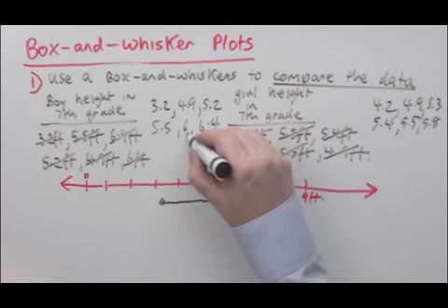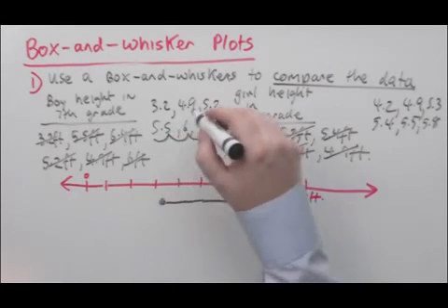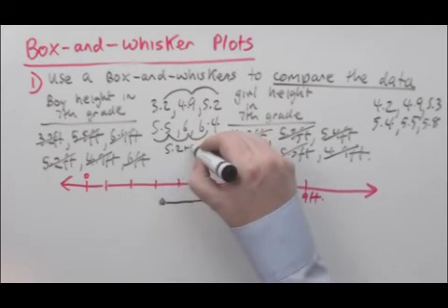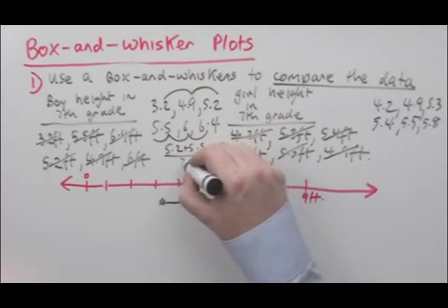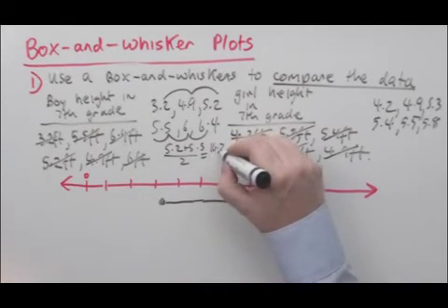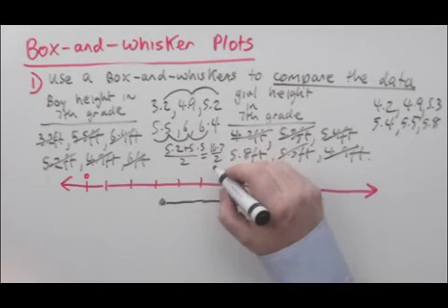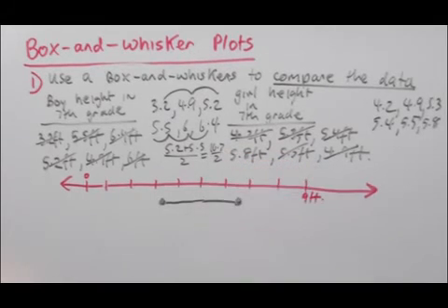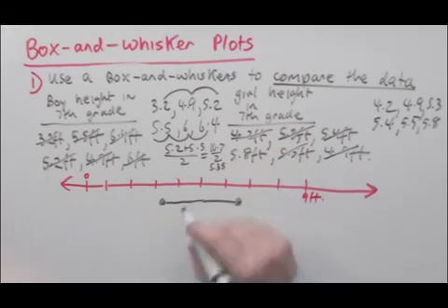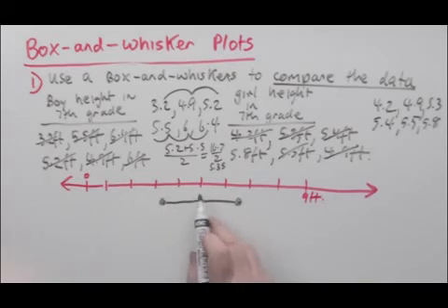So now I've got to find the median number of boys' height. That would be 1, 2, 3, 1, 2, 3. So I'm going to have to add up 5.2 and 5.5 and divide by 2. That would be 10.7 divided by 2, which is 5.35.